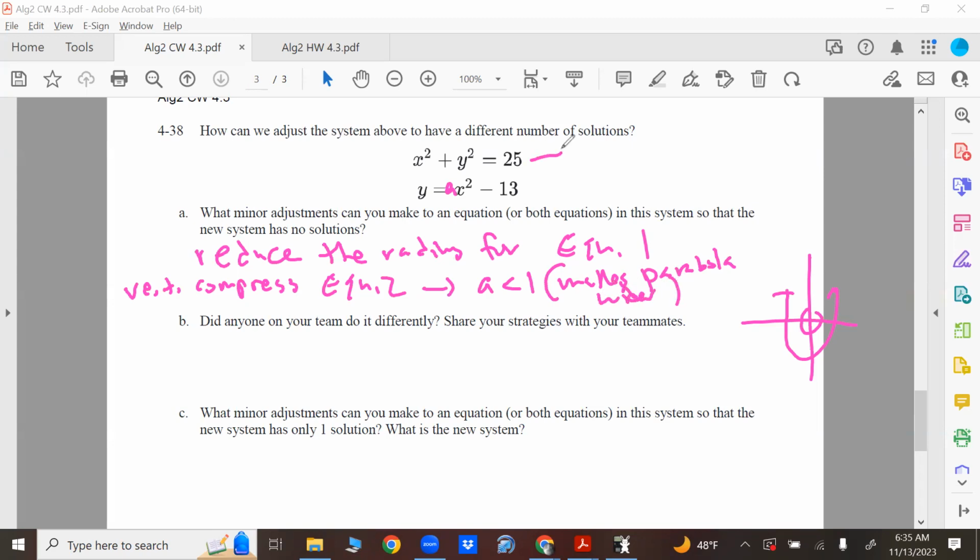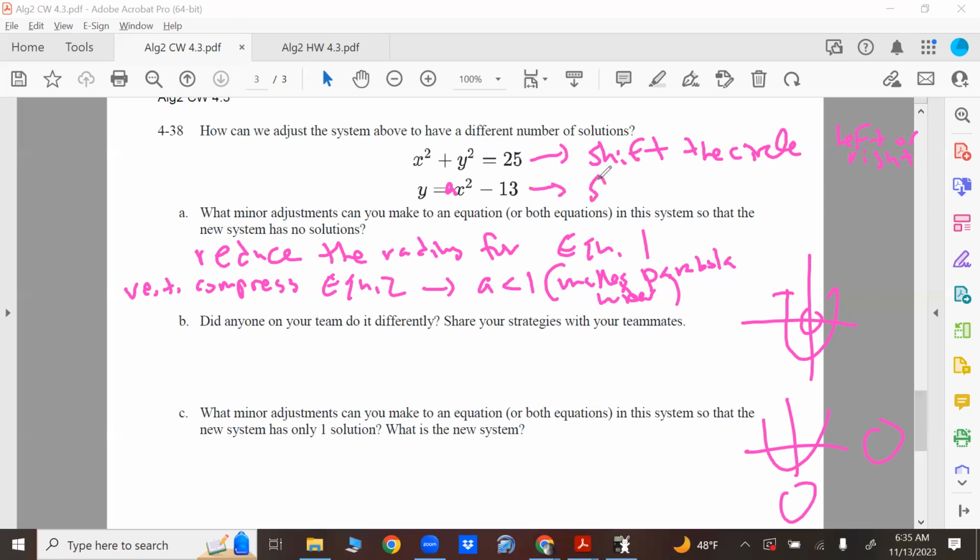Or yet another thing you could do is shift the circle. You could shift the circle to the left or right, so it misses the parabola. So say the parabola does this, and the circle's like over here. That could happen. Or you could put it like down below, so it doesn't touch it.